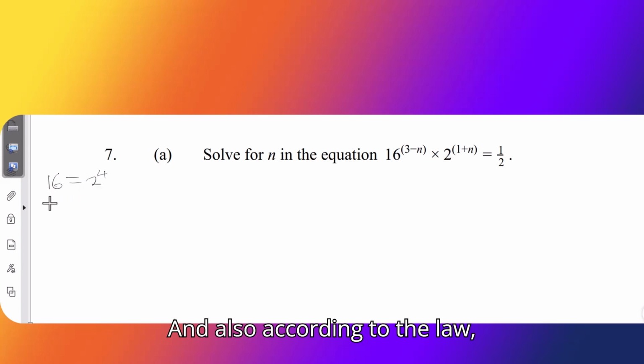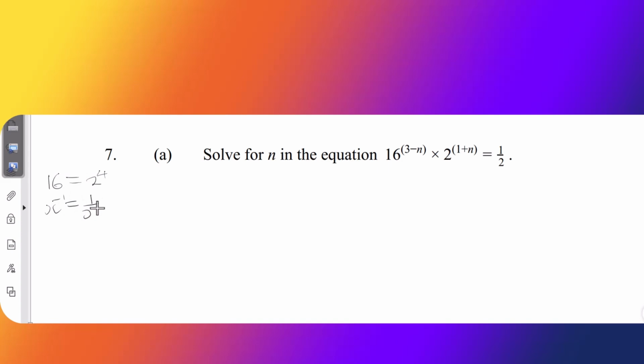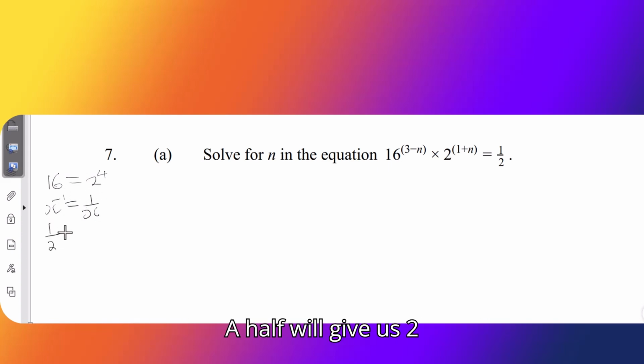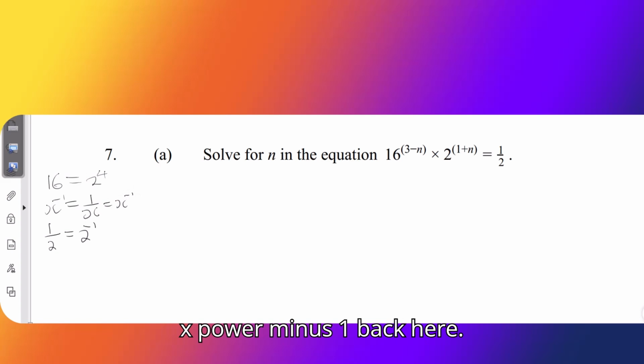And also, according to the law of negative exponent, x power minus 1 gives us 1 over x. So for example, we are having a half. A half will give us 2 power minus 1, because this one will be x power minus 1. So it's like a reverse solution of this.